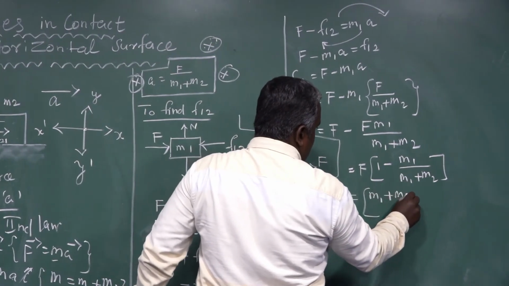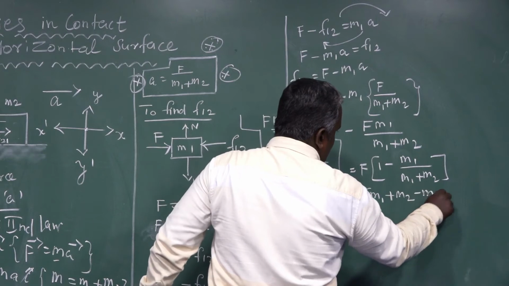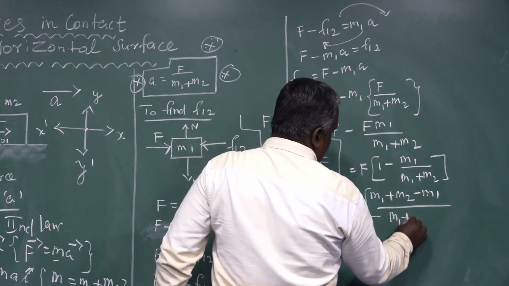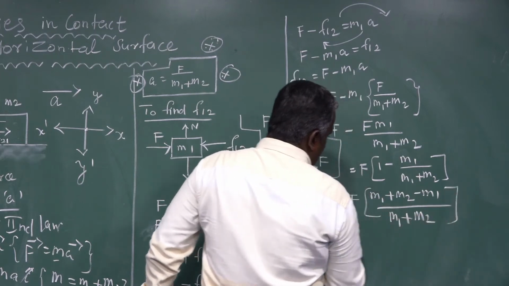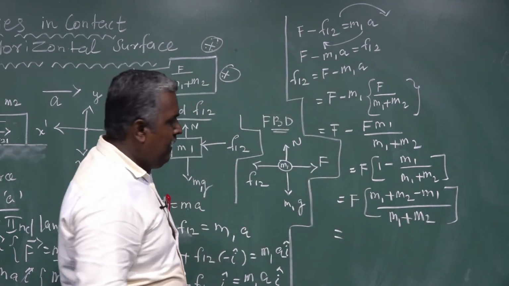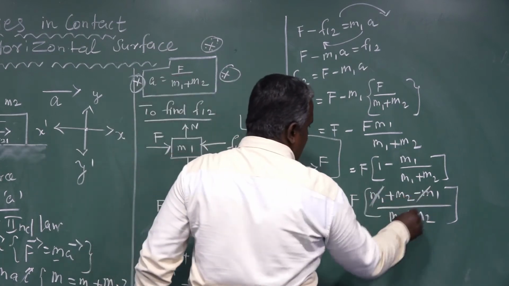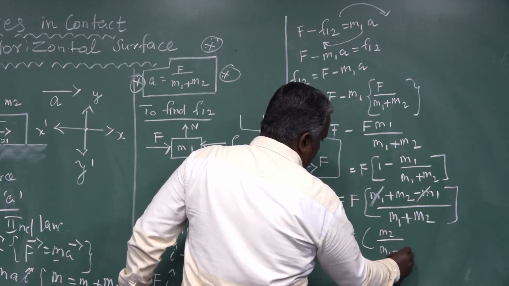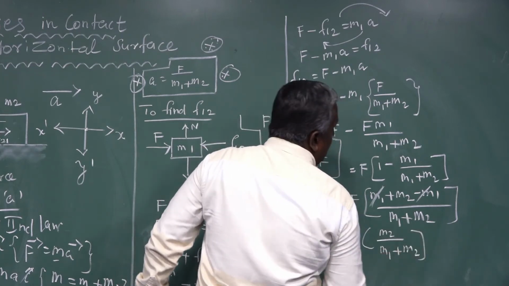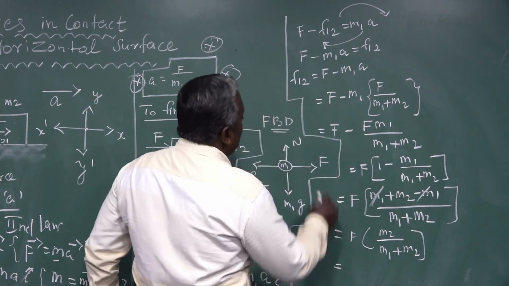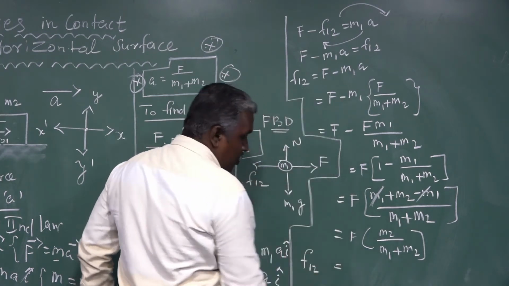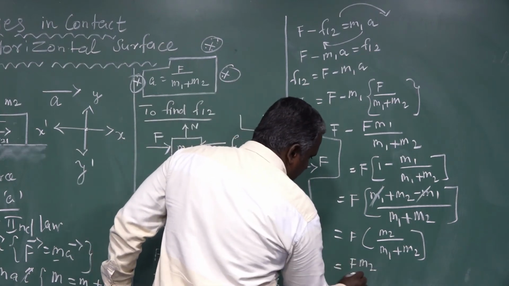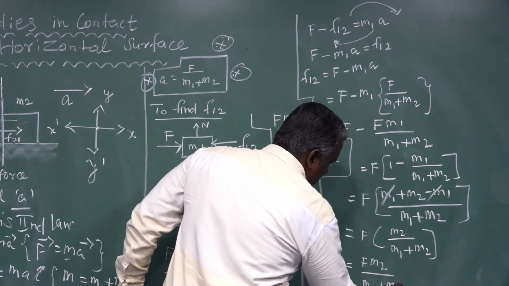M1 plus M2 minus M1 by M1 plus M2, M1 cancels. What's remaining? M2 by M1 plus M2. Very good. So small f12 is equal to F M2 by M1 plus M2.